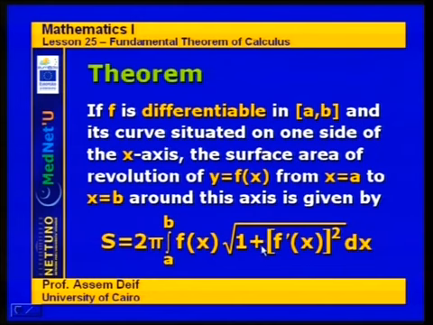But we just showed that dl is the square root of 1 plus dy by dx square, which is f prime square, dx. So if you are given a curve of equation y equals f of x, all you have to do is substitute here and calculate your surface of revolution, and this gives you the surface of revolution around the x-axis.